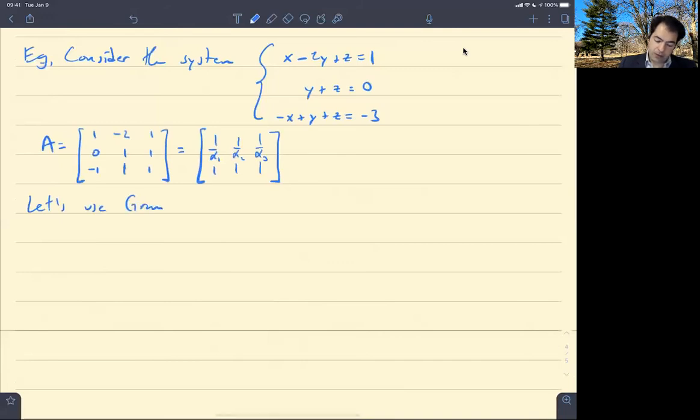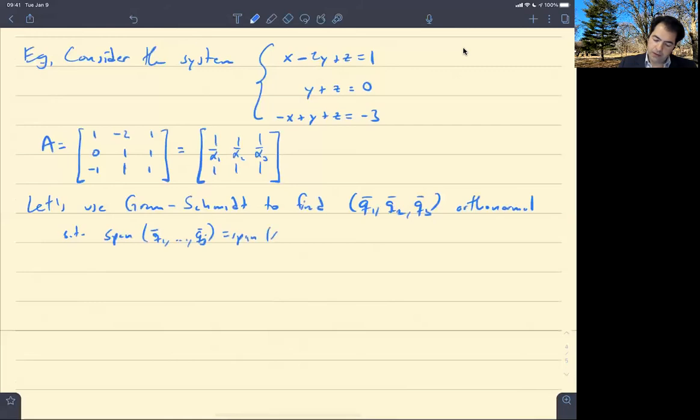Let's use Gram-Schmidt to find Q1, Q2, Q3 orthonormal such that the span of Q1 through Qj is equal to the span of alpha 1 through alpha j for all j in 1, 2, 3.